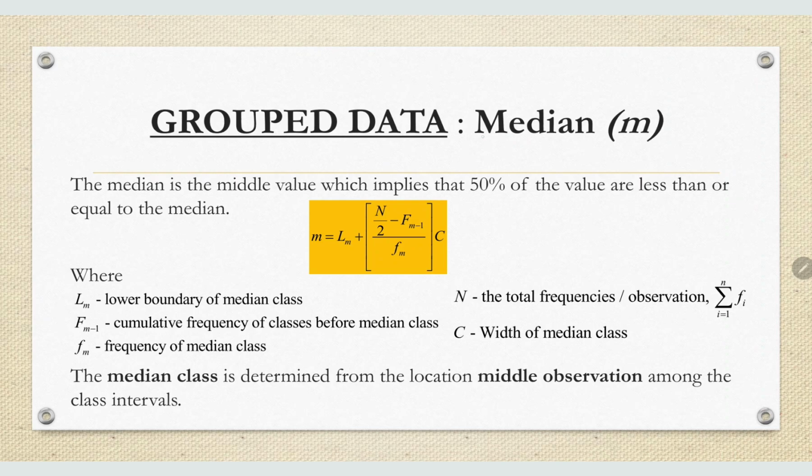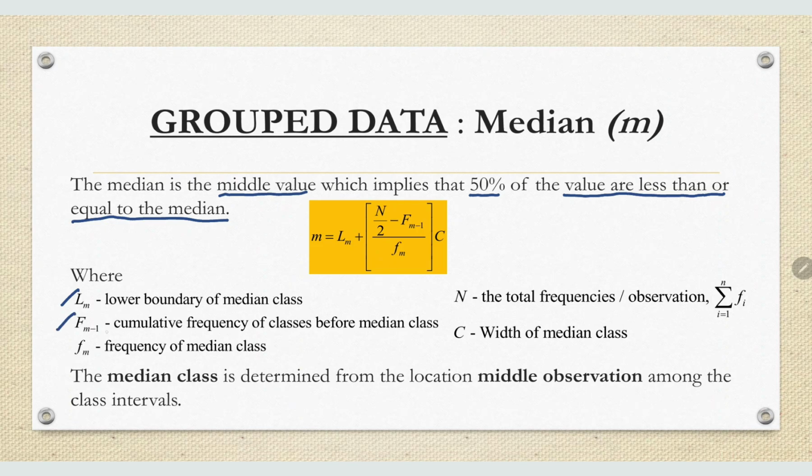Next, let's look at how to find the median, or small m, for group data. The median is the middle value, which implies that 50% of the values are less than or equal to the median. M equal to Lm plus, n divided by 2 minus capital F m minus 1, divided by small fm, times C, where Lm is the lower boundary of the median class.